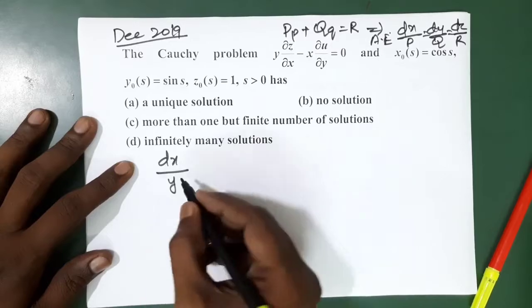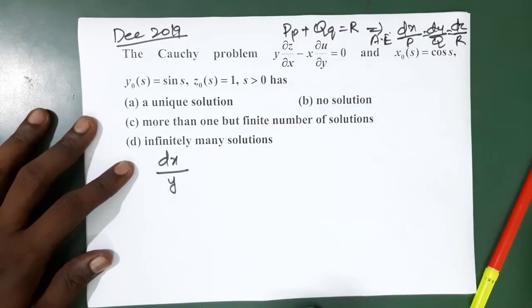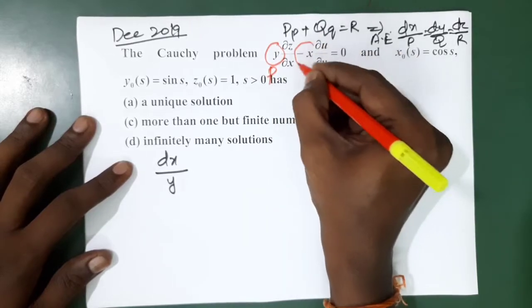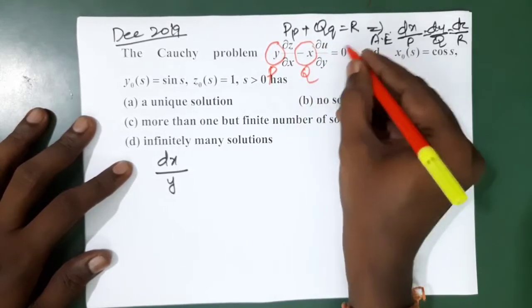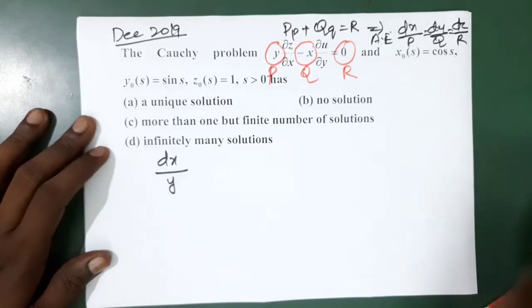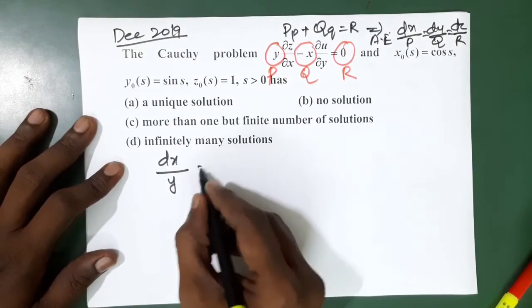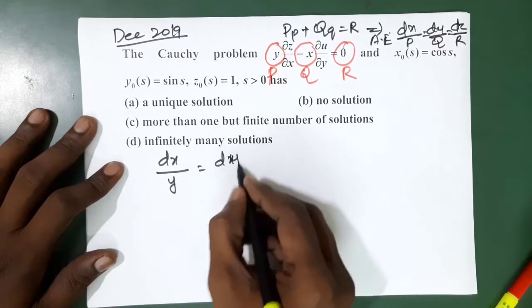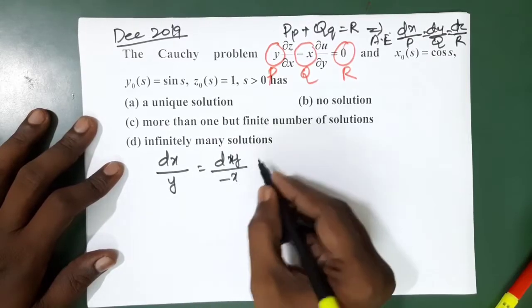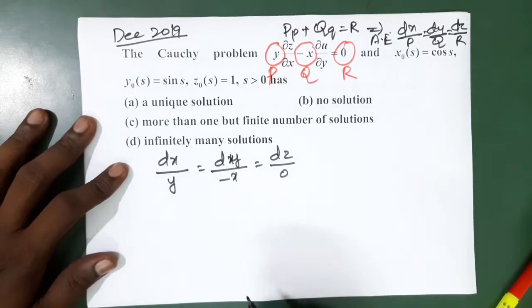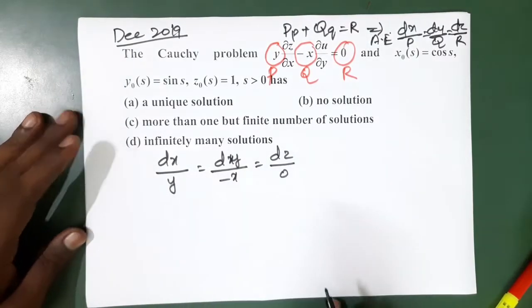Here P is equal to y, Q is equal to minus x and R is equal to 0. So dx by y is equal to dy by minus x is equal to dz by 0. So first, the method of grouping.